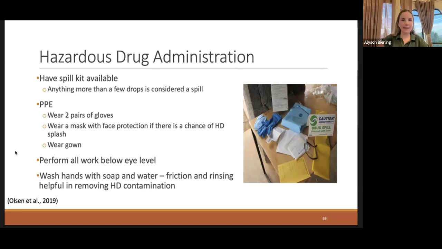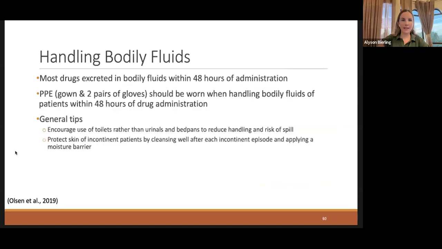Another important thing to note is that we need to be careful when handling patients' bodily fluids. Most chemotherapy drugs are excreted in bodily fluids within 48 hours, so 2 days of administration. Within that time period, any time there's potential for exposure to bodily fluids, you should be wearing a gown and 2 pairs of gloves.